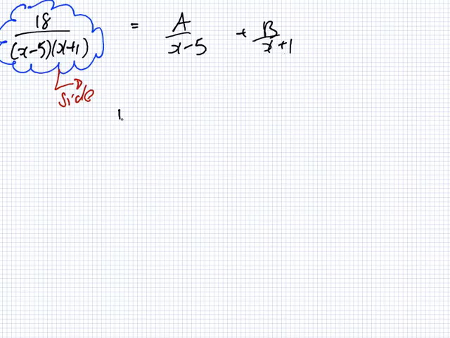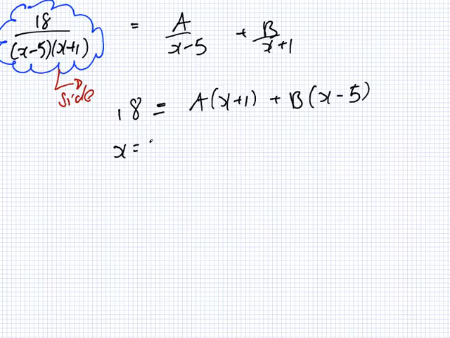You multiply by the denominator and you get 18 equals A times x plus 1 plus B times x minus 5. You make x equal to 5 to get A, which is equal to 3, and then you make x equal to minus 1. That's right. That's equal to minus 3.